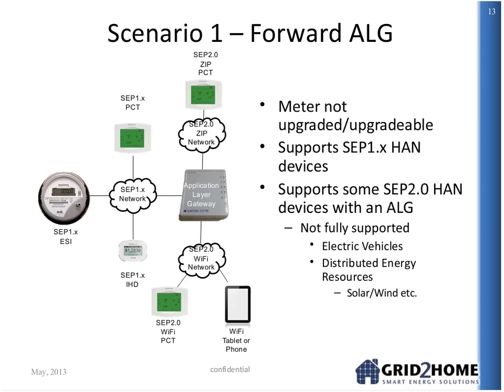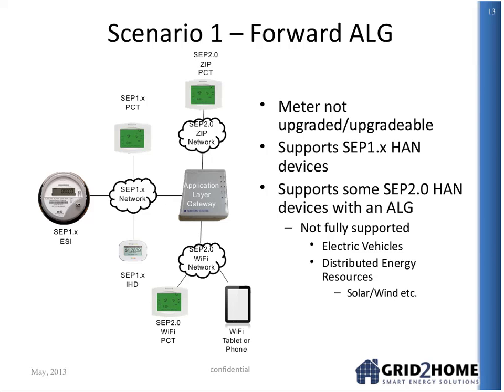So in this case, we didn't need to upgrade the meter. We can still support the SEP1 HAN devices. We can support the SEP2 HAN devices on the right-hand side with the ALG. But because the function sets don't exist in the application layer gateway for electric vehicles and distributed energy resources, because the SEP1 meter doesn't support that, we have a limited set of functionality that we can support with the SEP2 devices.